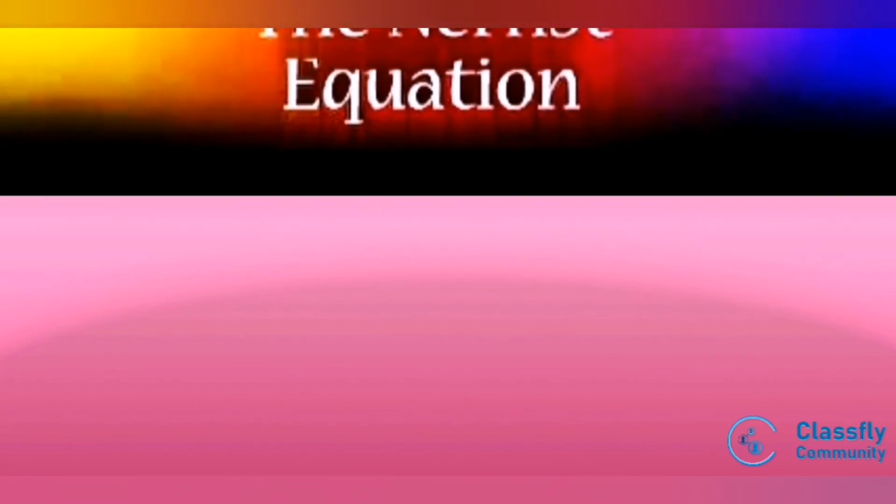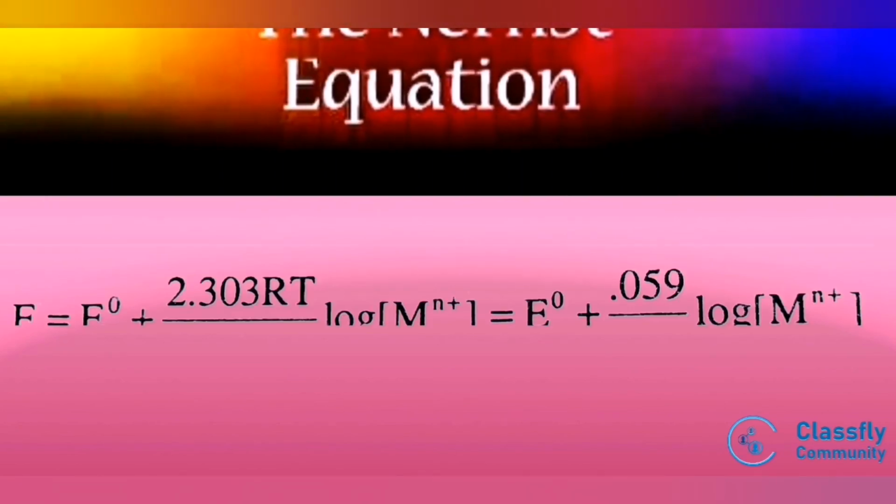So, the Nernst equation for a single electrode potential is E equal to E0 plus 2.303 RT divided by NF log Mn+, equal to E0 plus 0.059 divided by N log Mn+.